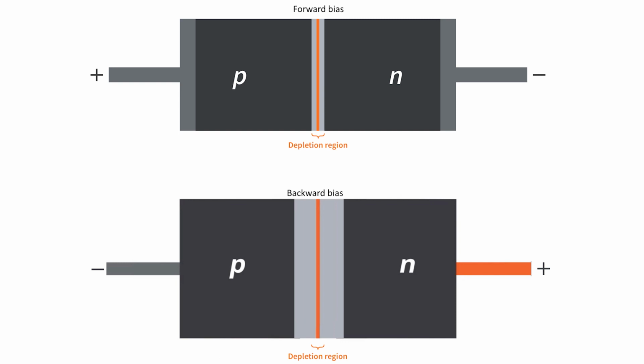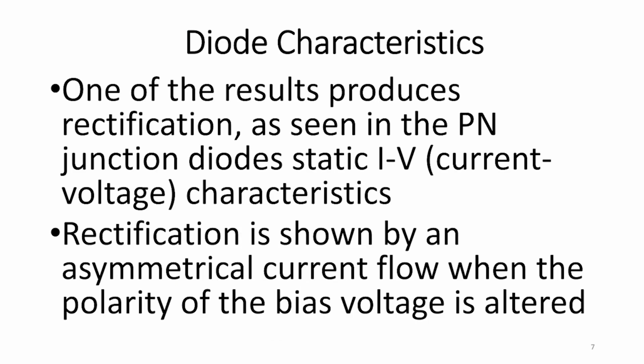This is due to the differences in the electrical properties on the two sides of the p-n junction, resulting in physical changes taking place. One of the results produces rectification as seen in the p-n junction diode static IV characteristics. Rectification is shown by an asymmetrical current flow when the polarity of the bias voltage is altered.